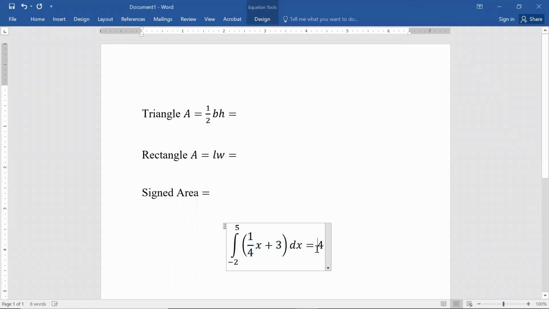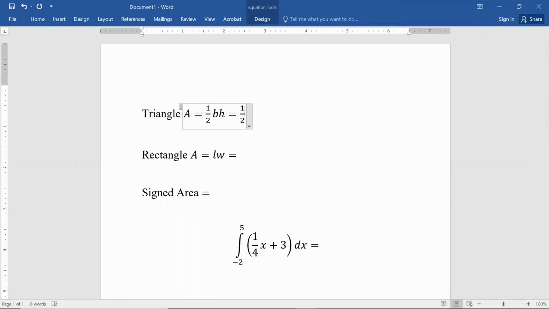Okay, so I've created this. We're trying to find the definite integral from -2 to 5 of 1/4 x plus 3. We saw that the signed area using geometry can be broken up into a triangle and a rectangle. The triangle had a base that went from -2 to 5, so 5 minus -2 was the base, and the height went from 2.5 to 4.25.